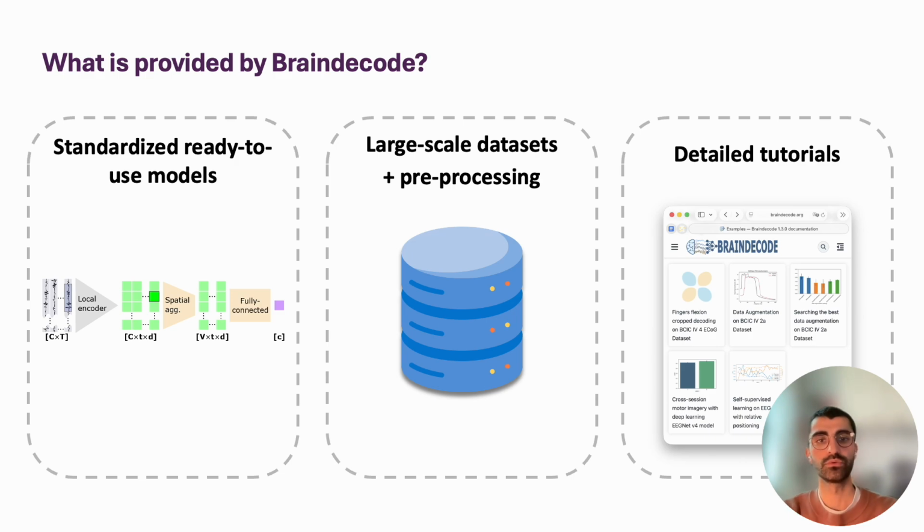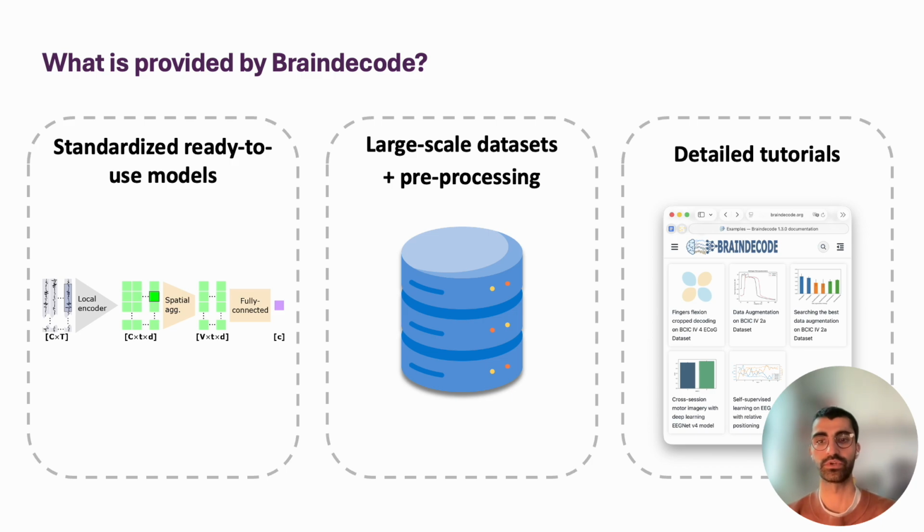Okay, but concretely, what can you find in BrainDecode? So we have three main resources we provide for BrainDecode. The first one is a large collection of models that are ready to use. Then we have a large collection of data sets and all the preprocessing functions you may want to apply on EEG data.